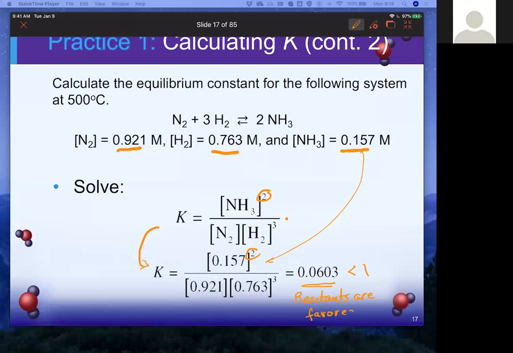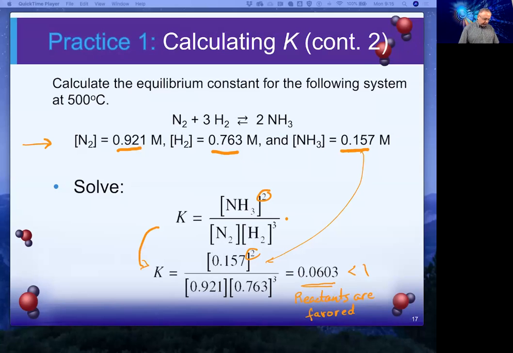I have a question. Yes, please. So, if the products are favored, that essentially means more of the reactants are used up, right? Correct. In this case, the reactants are the favorite. You see, these are the concentrations at equilibrium, and the concentrations at equilibrium are larger for the reactants than for the products.